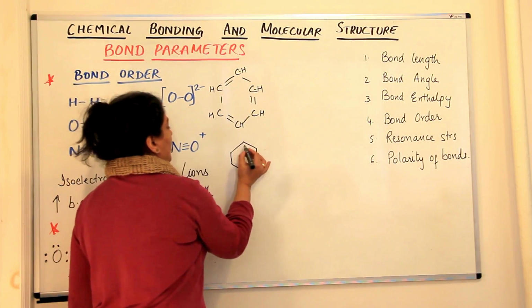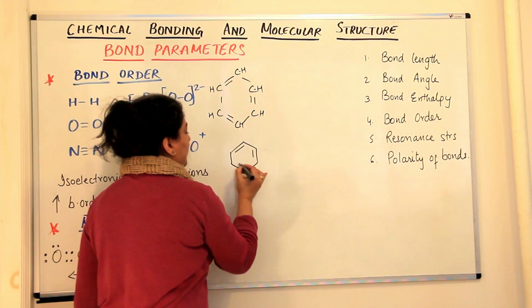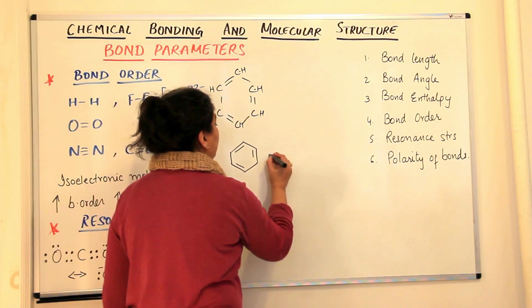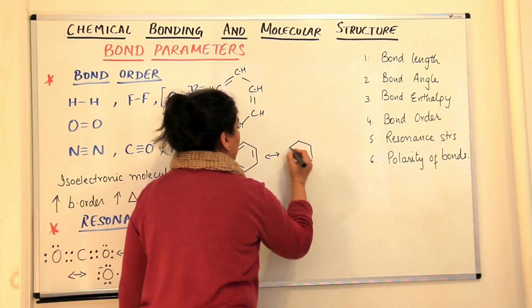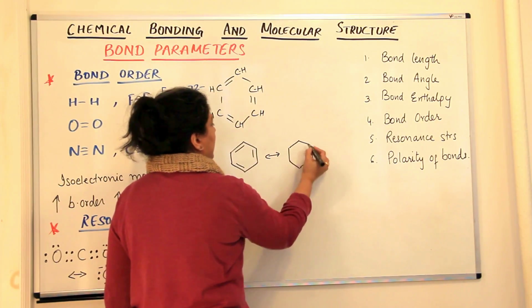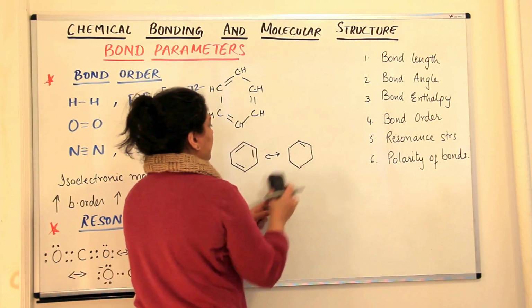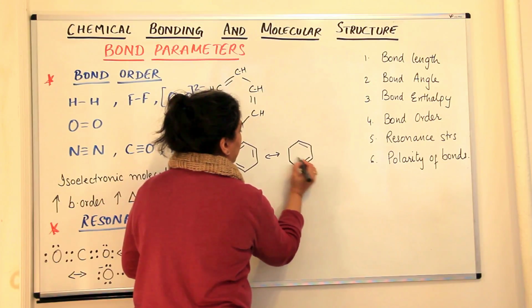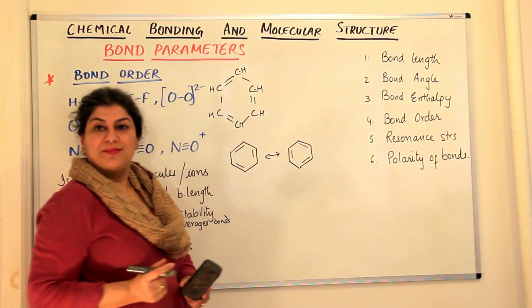So in this structure, the double bond was here, here and here, right? In the next canonical form, the double bond, instead of being here, is here, here, here and here, right?